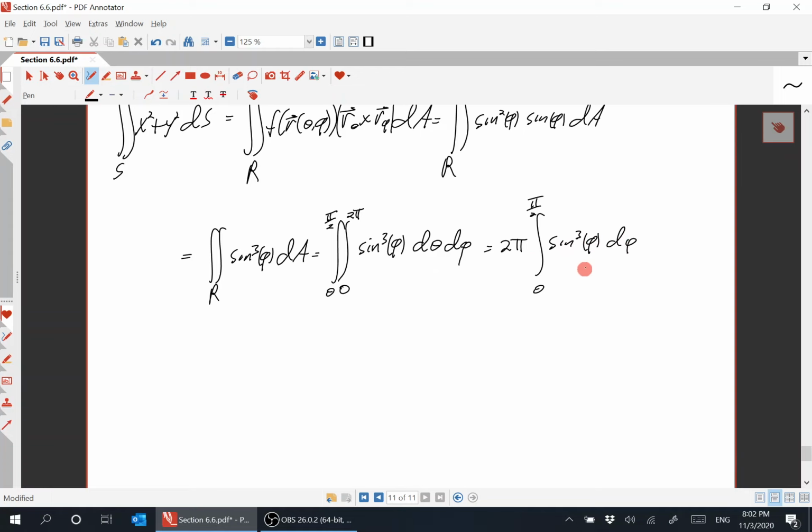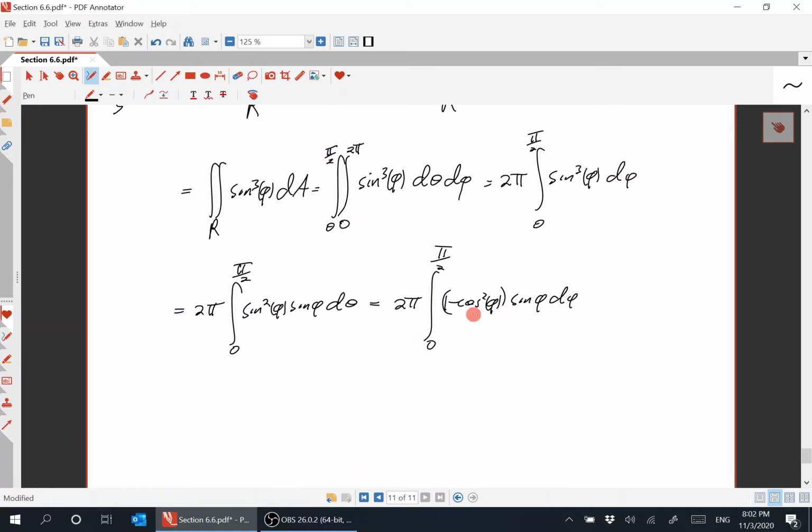Well, what's the antiderivative of that? Basically, you have to do this kind of u substitution thing. You have to rewrite that as 2 pi times the integral from 0 to pi over 2 of sine squared phi sine phi d phi, 2 pi times the integral from 0 to pi over 2 of 1 minus cosine squared phi, sine phi d phi. So now you let u equal cosine phi.